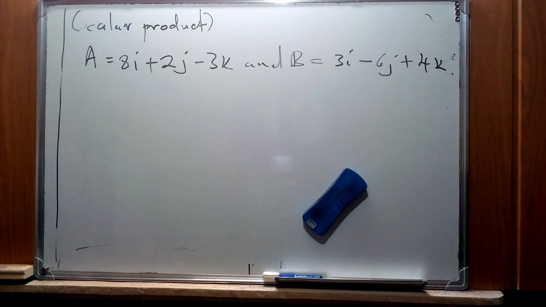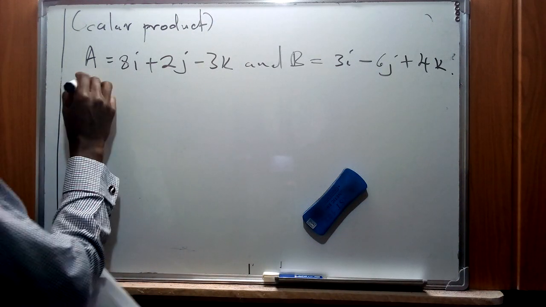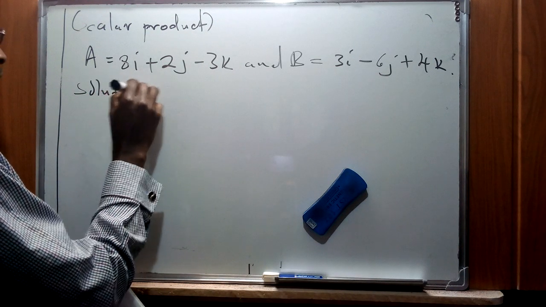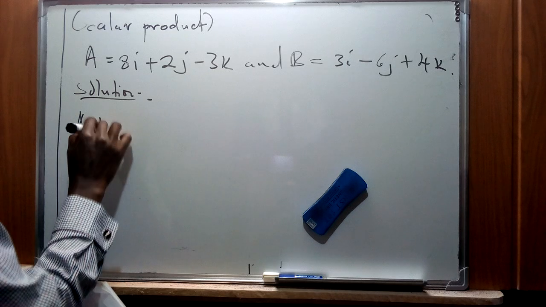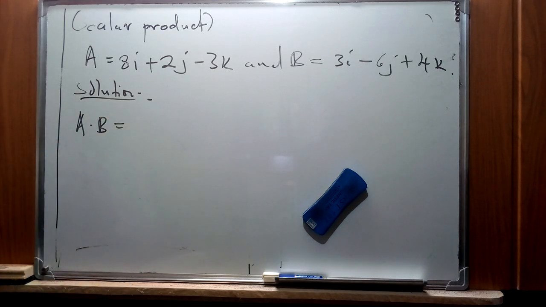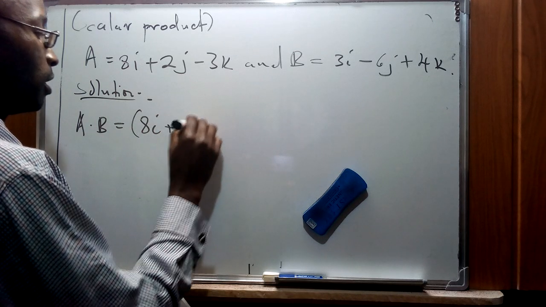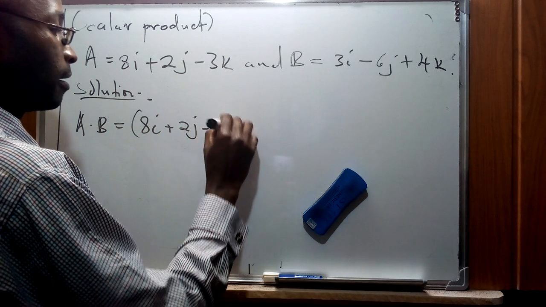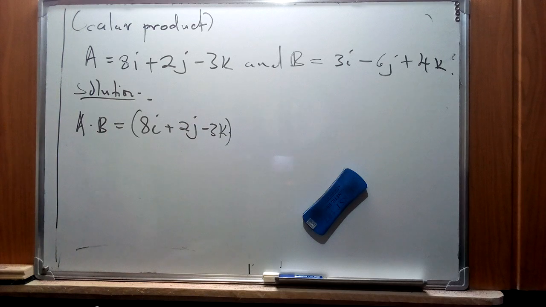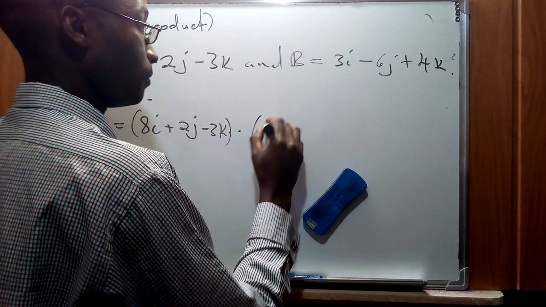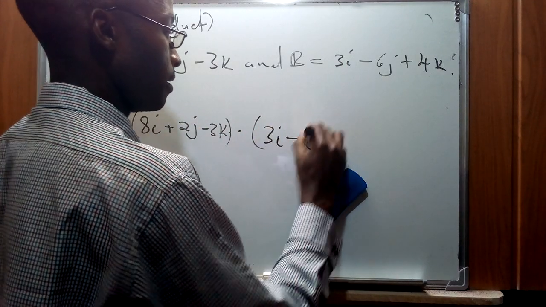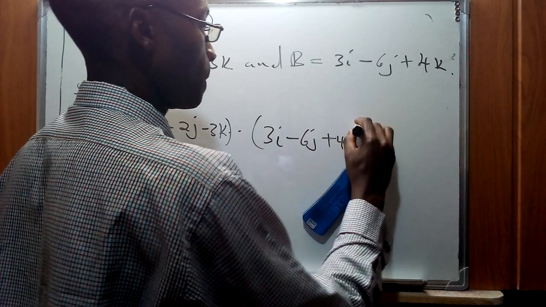So we are asked to find the scalar product of those two vectors. Therefore the solution will be A dot B equals (8i plus 2j minus 3k) dot (3i minus 6j plus 4k).